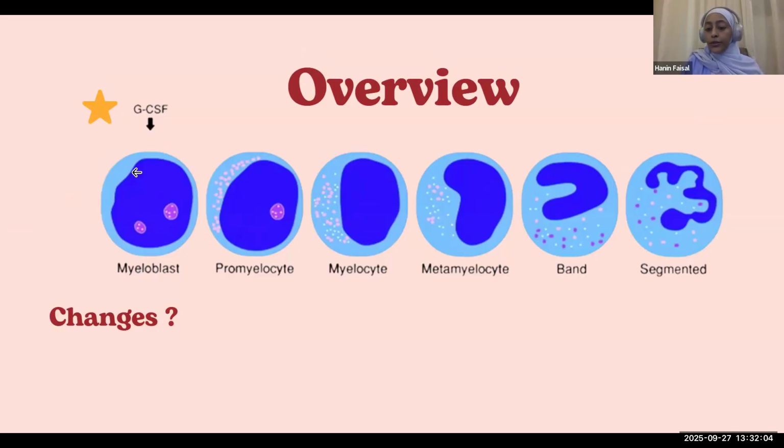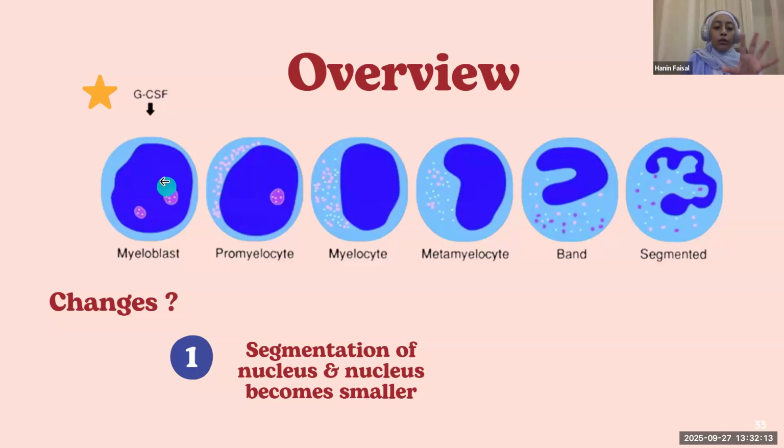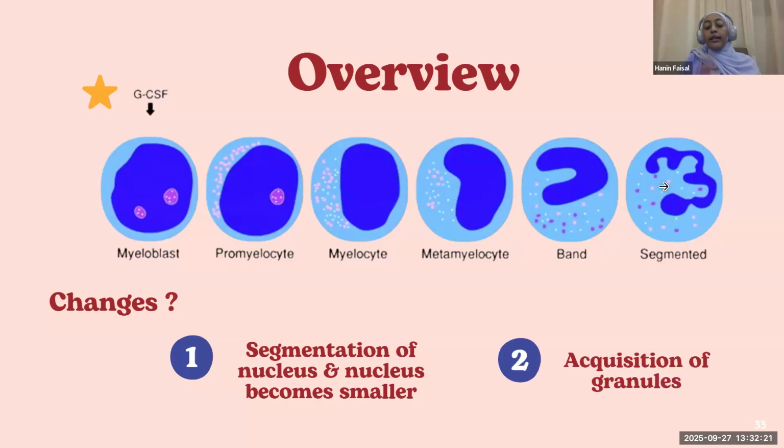Okay, someone said appearance of granules, which is correct. Something else, exactly. Nucleus becomes more segmented. So as you guys said, first thing, the nucleus becomes more segmented. You can see here it looks like one fat nucleus, and then it starts being more dented or segmented. And at the end, you can see it's getting more segmented. And another thing is the appearance of the granules.